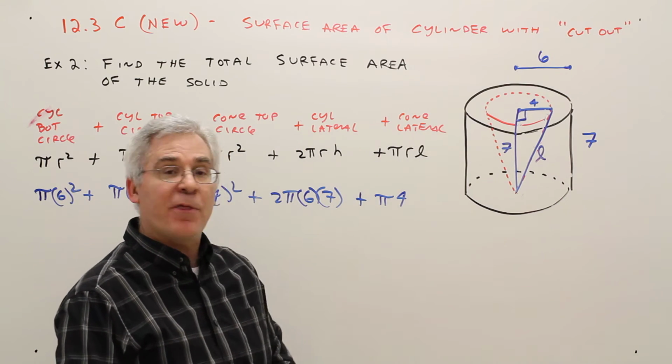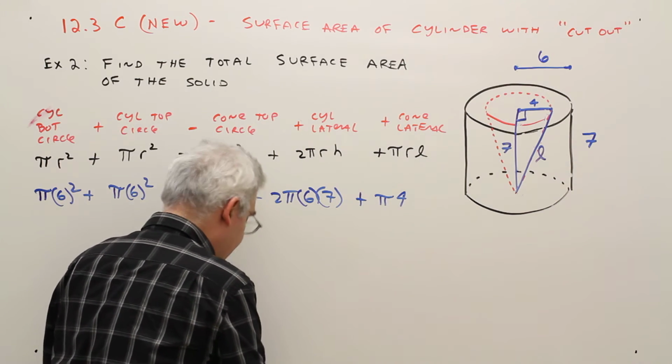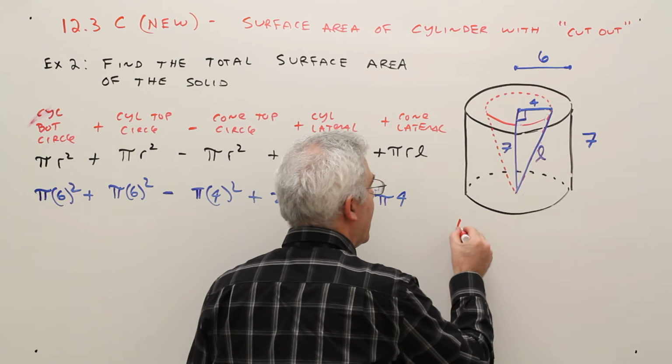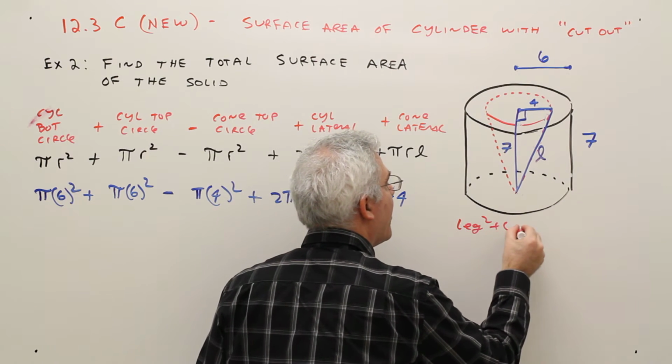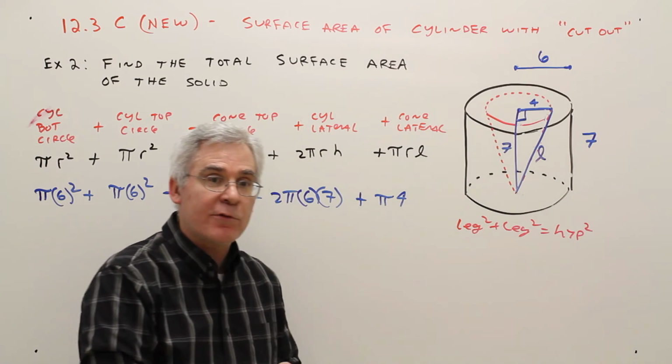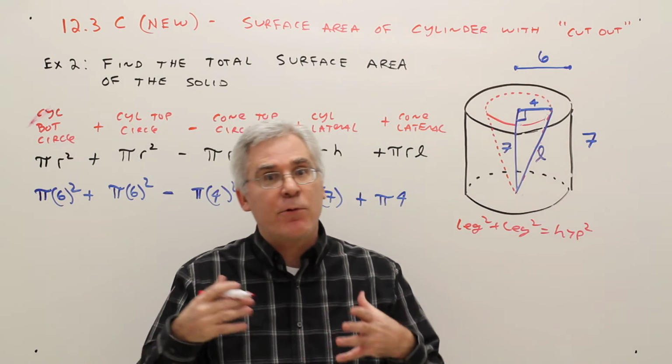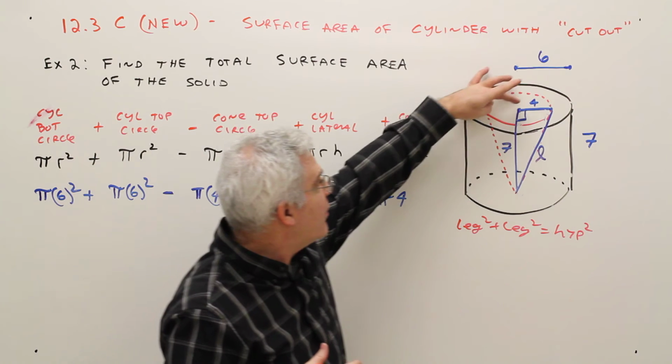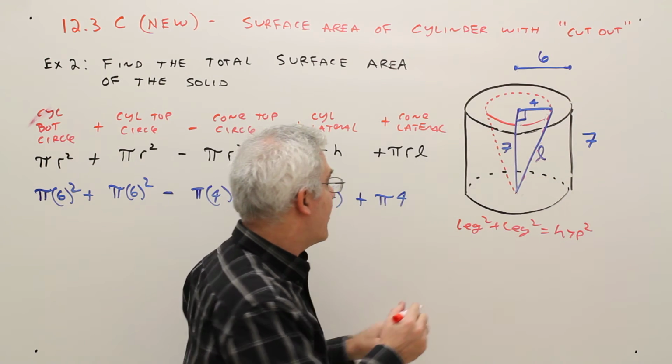All right, I'm going to use the Pythagorean Theorem. Just a quick reminder, it's leg squared plus leg squared equals hypotenuse squared. It's very important to know who the legs are and who the hypotenuse is. So you're a leg, you're a leg, you're a hypotenuse.